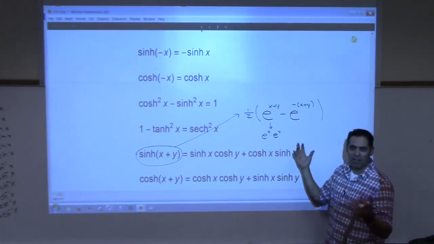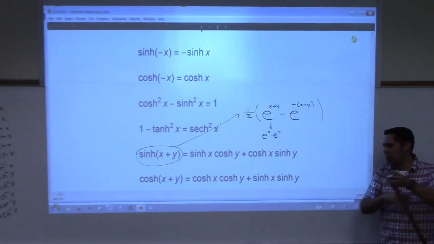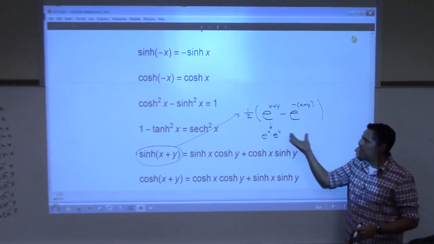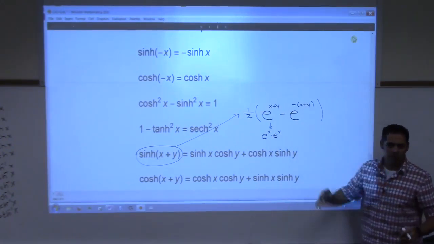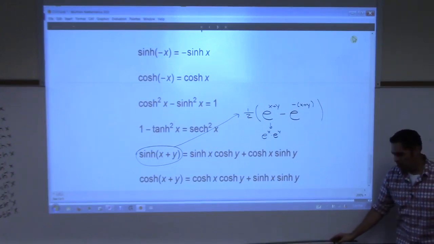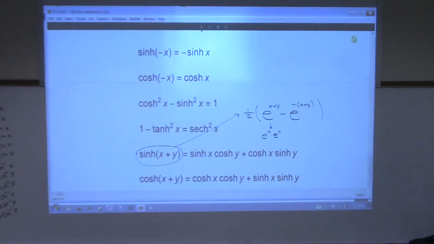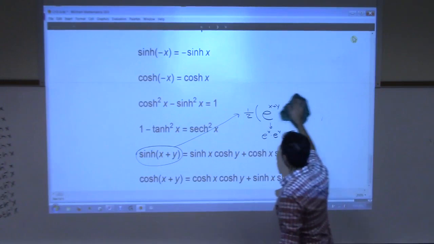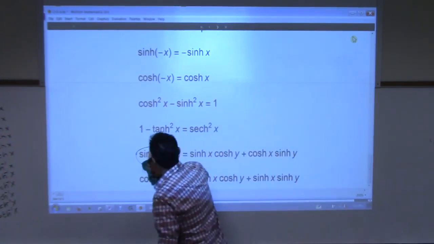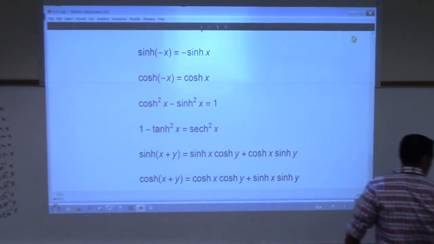And you start foiling all that out and multiplying it all out, and things start canceling and going away, and all of a sudden, you'll get this over here, and it'll work, okay? So enjoy. It's fun. It's good exercise. And we move on.